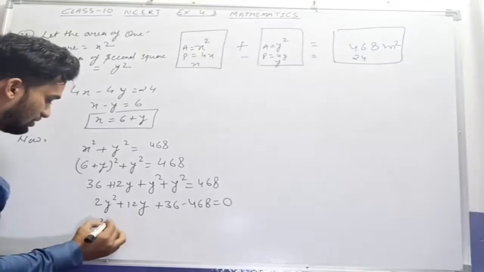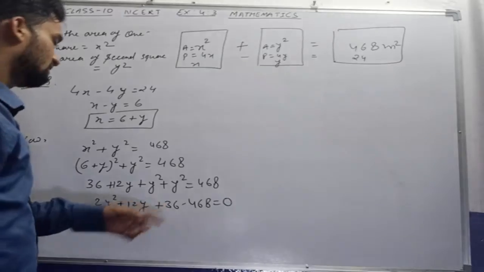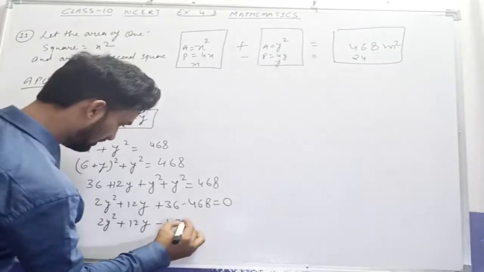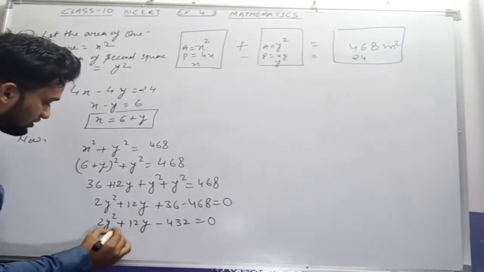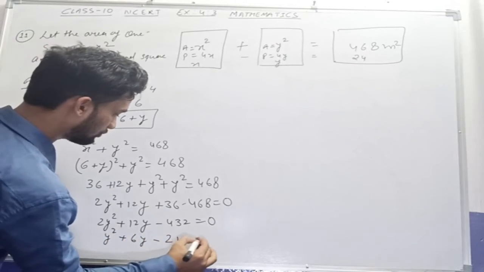So this will be 2y square plus 12y, and subtracting, this gives minus 432 is equal to 0. We can take 2 as common. So y square plus 6y minus 216.